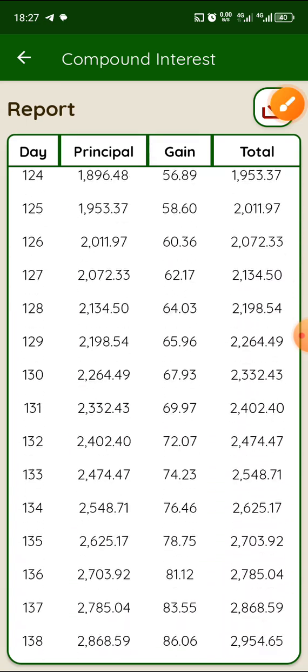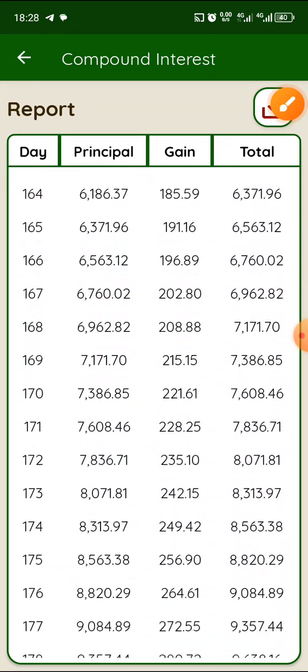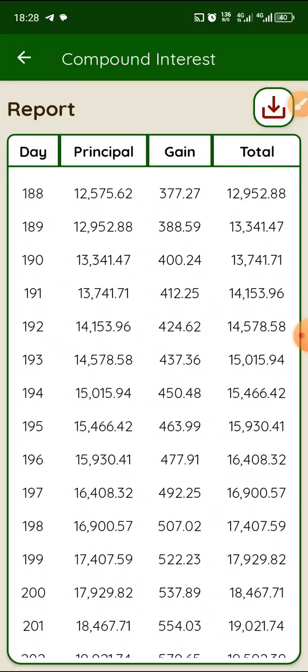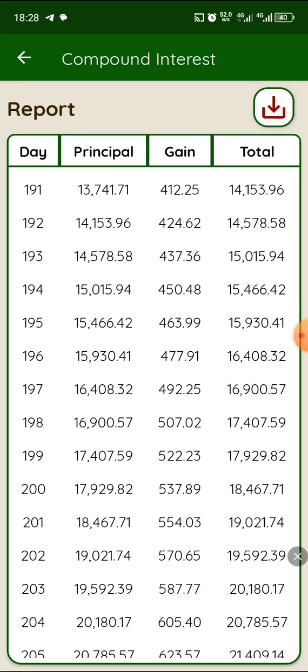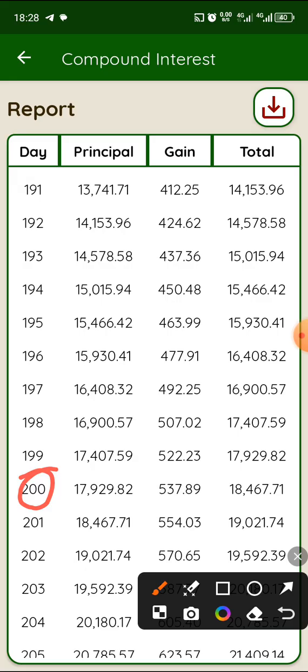So by the moment you complete your 200th trade, you'll be with a capital of $17,929.82, and within that trade you'll make $537 as your profits.